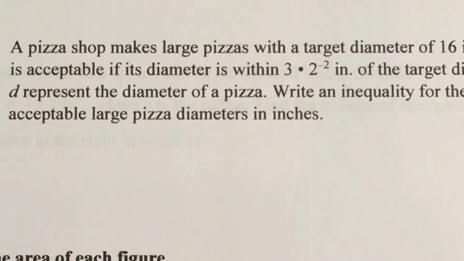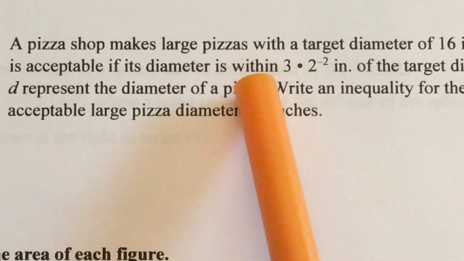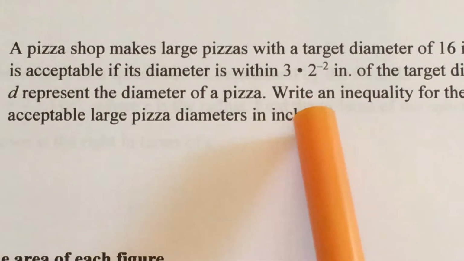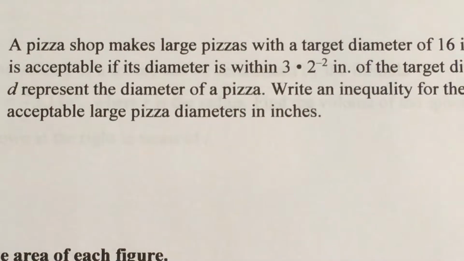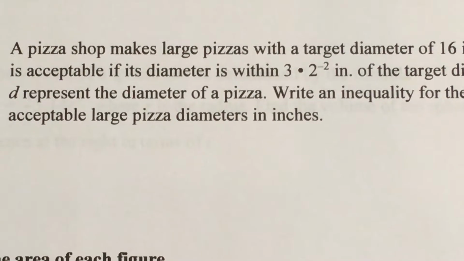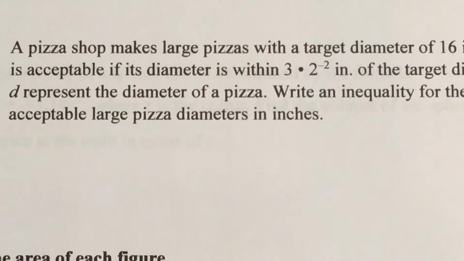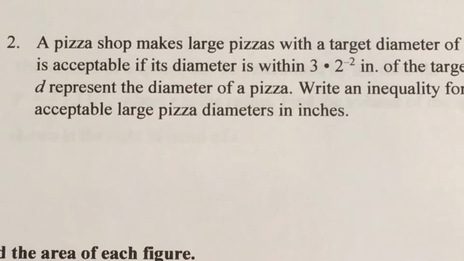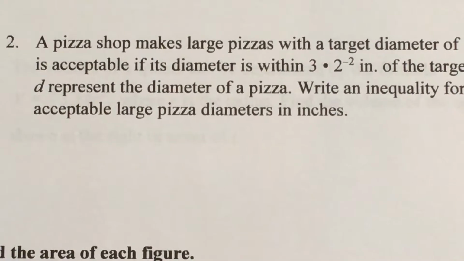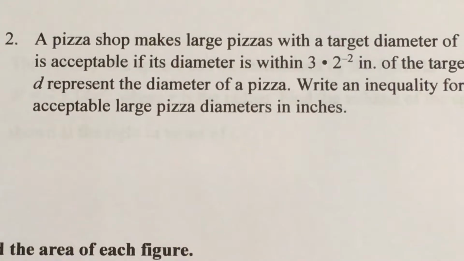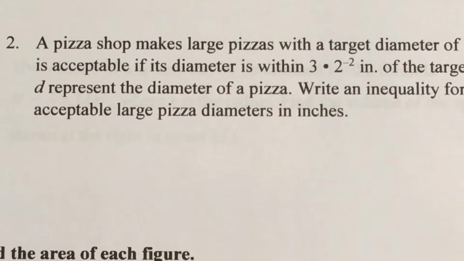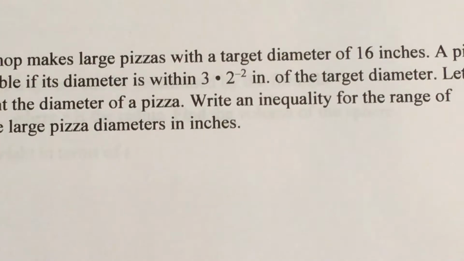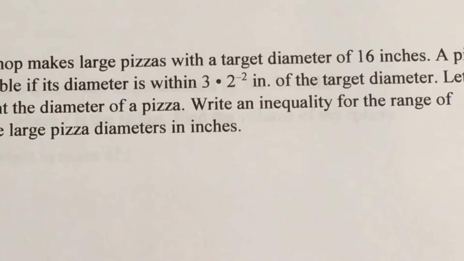So the diameter is acceptable if it is within this range of 3 times 2 to the negative 2 inches of the target diameter. We are going to let D represent the diameter of the pizza, and we're going to write an inequality for the range of an acceptable large pizza with the diameter in inches.